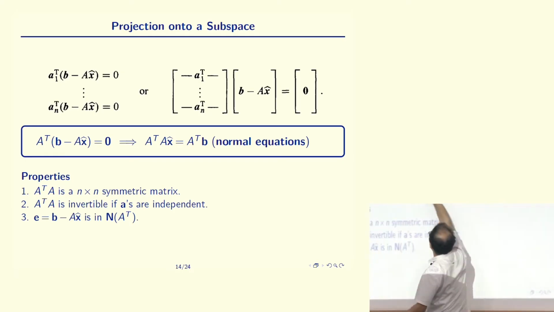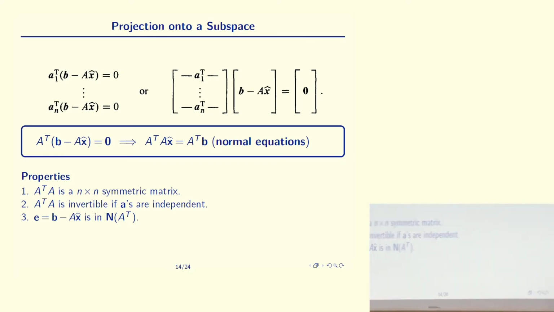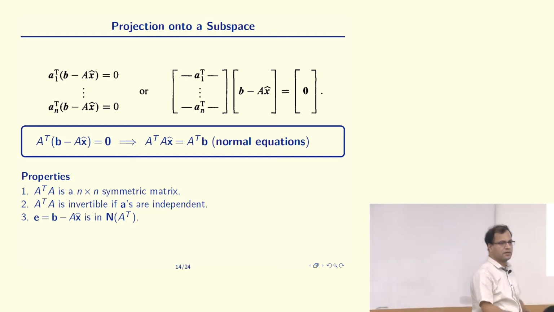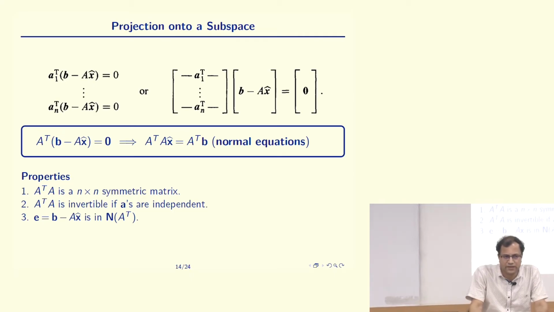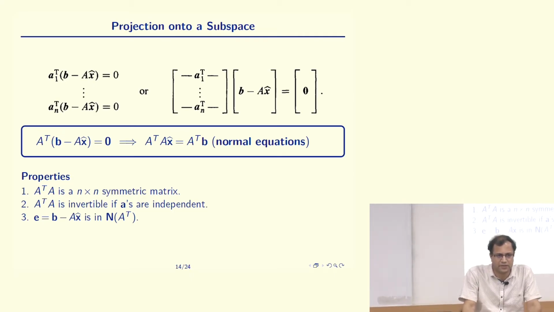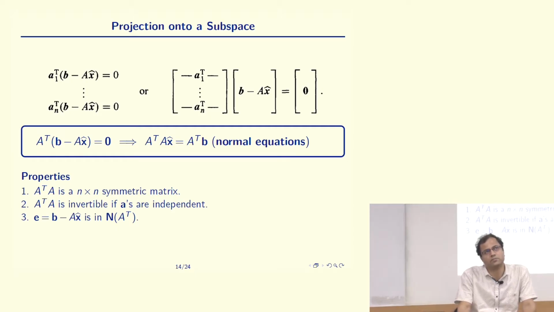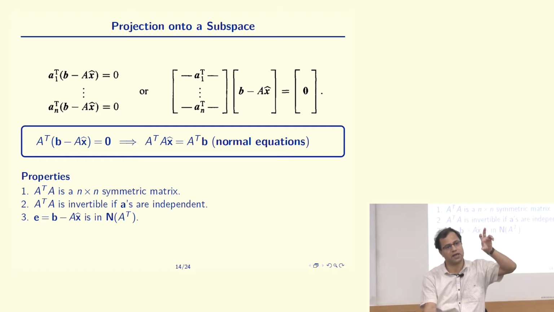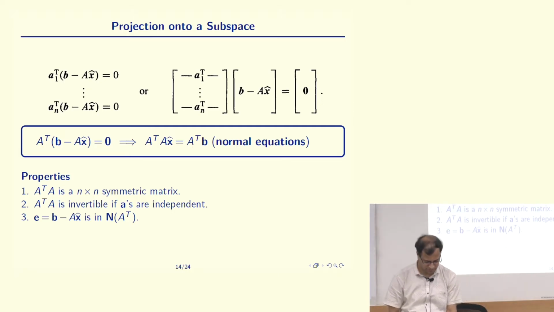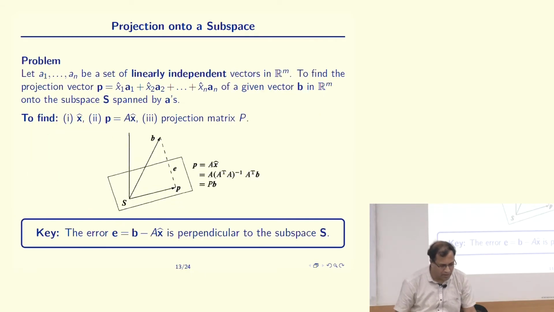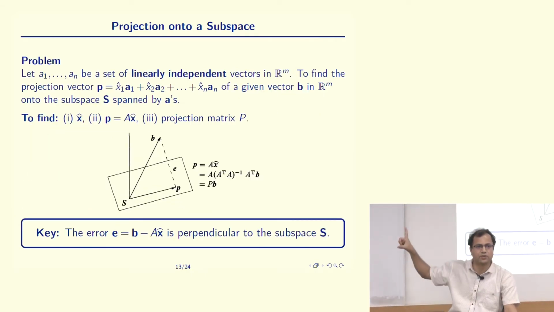Now what is the dimension of A transpose A here? The vectors A1, A2, ..., An come from an m-dimensional space, Rm.